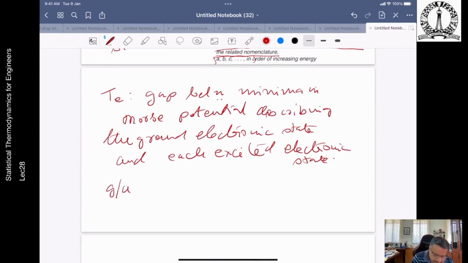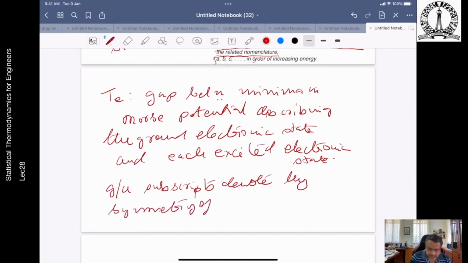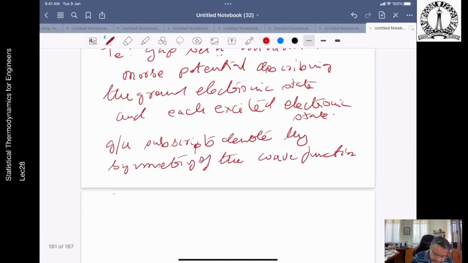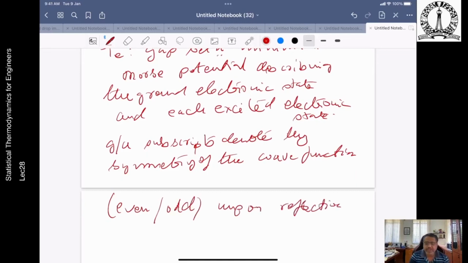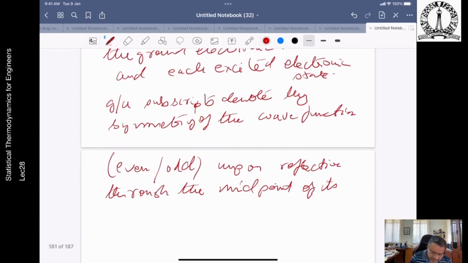The g/u subscripts denote the symmetry of the wave function, even or odd, upon reflection through the midpoint of the identical nuclei.